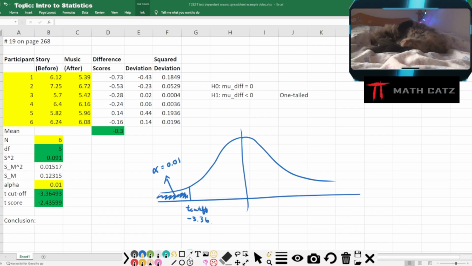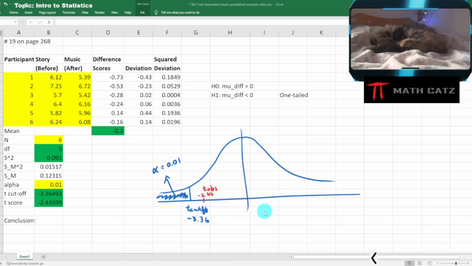So let's just visualize where that sits. Since these questions usually tell me to draw a rough picture anyway, let's make it red. I'm going to give myself some space here. We have a t observed of negative 2.44, if I round. So we can now make our conclusion in our hypothesis test.